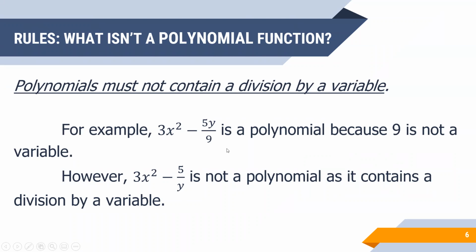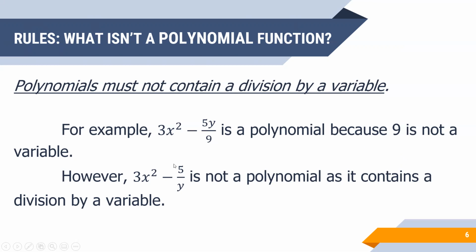For example, we have 3x squared minus 5y over 9. This is an example of a polynomial function because we have a constant 9 sa denominator natin. Opo, so sabi dito, kailangan wala tayong denominator na variable.